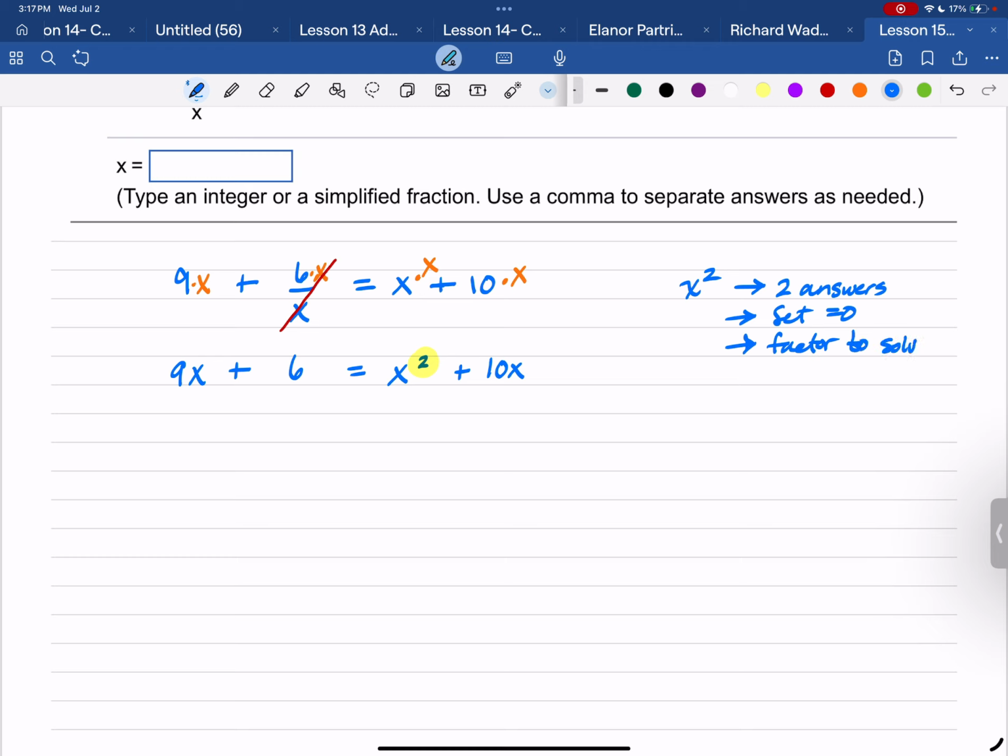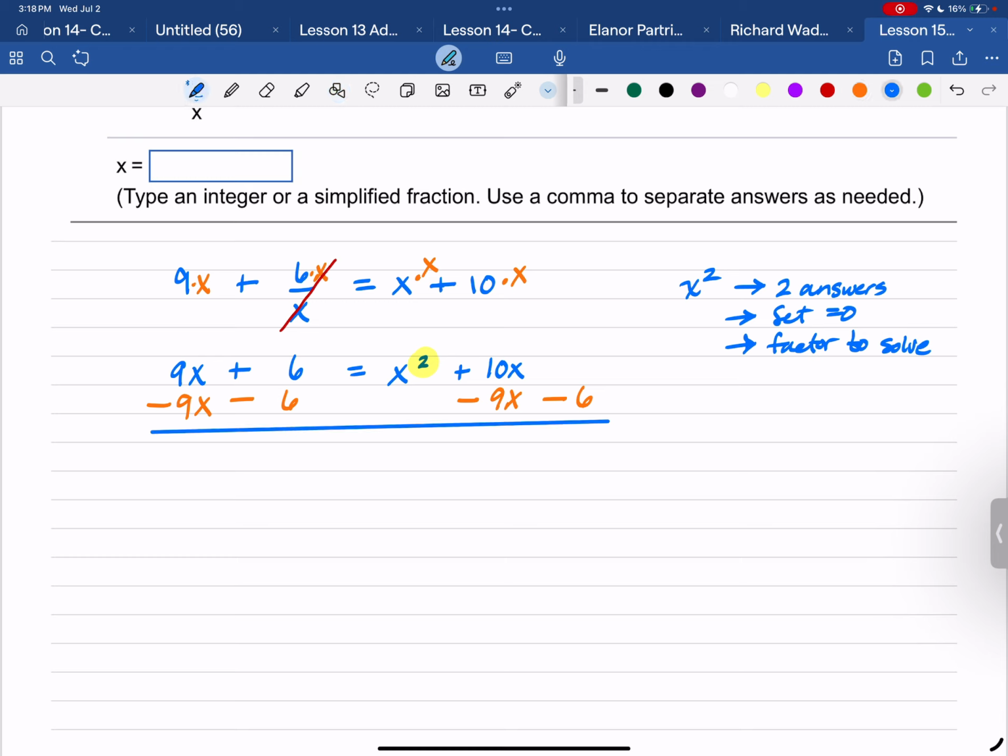So anytime you get that x squared, you have to remember these steps. So I'm going to move everything to the right-hand side so that my x squared term stays positive. So I'm going to subtract a 9x, and I'm going to subtract a 6 from both sides. Subtract a 9x and subtract a 6, and I'm going to do that to both sides.